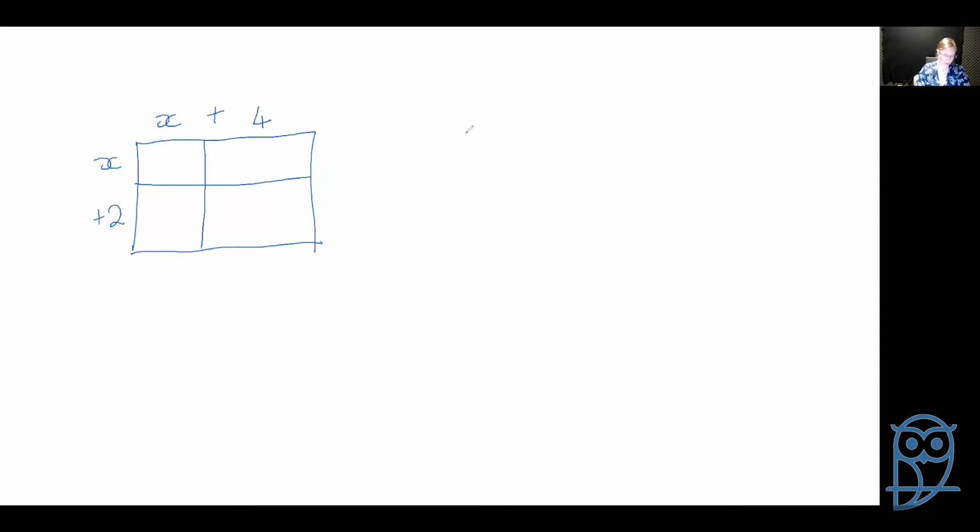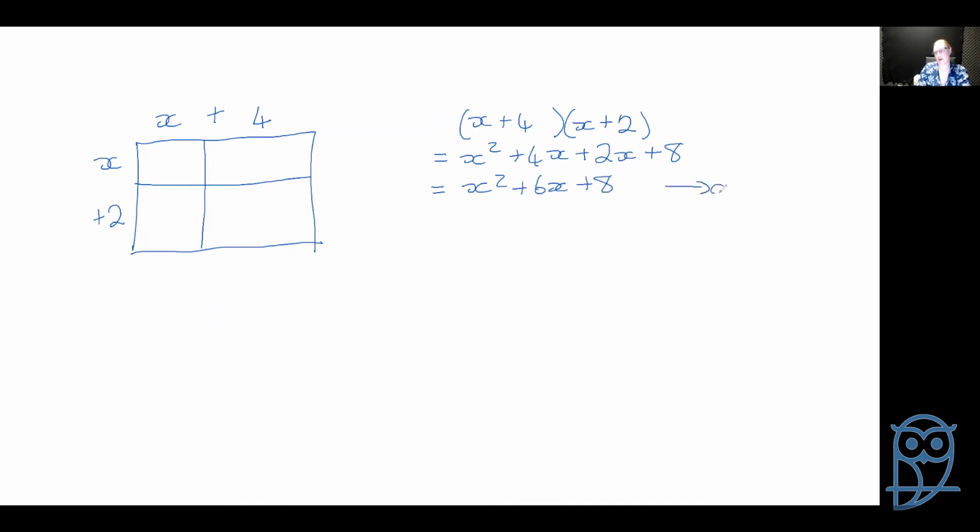So now if we work out your area, you will have x plus 4 times x plus 2, which gives us x squared plus 4x plus 2x plus 8, which gives us all together x squared plus 6x plus 8. Okay, so this over here is our area, and these over here are our sides.